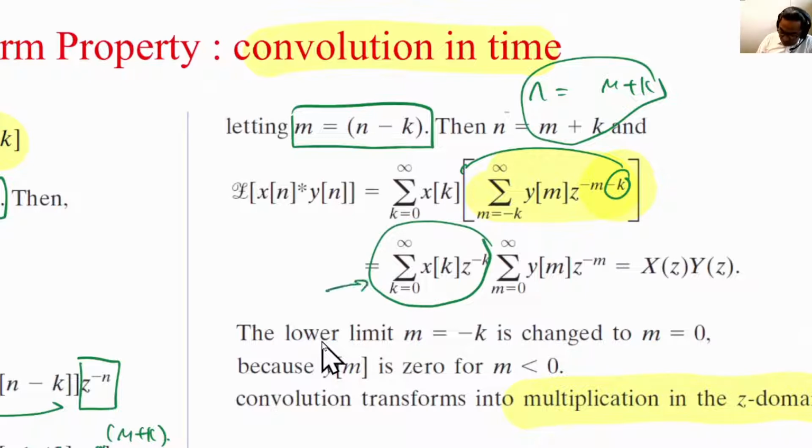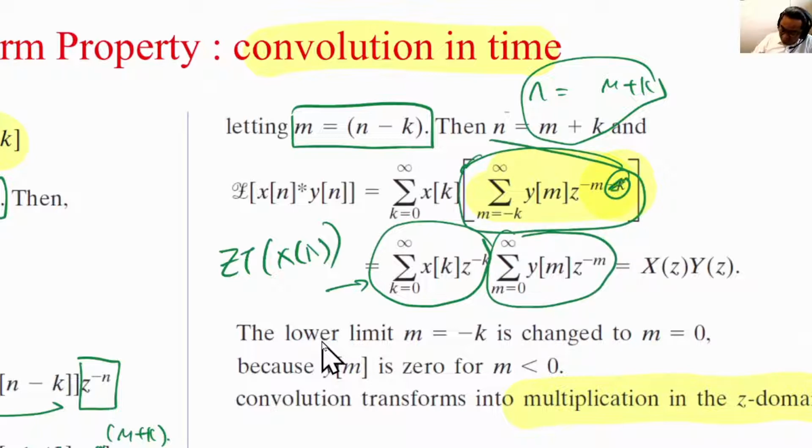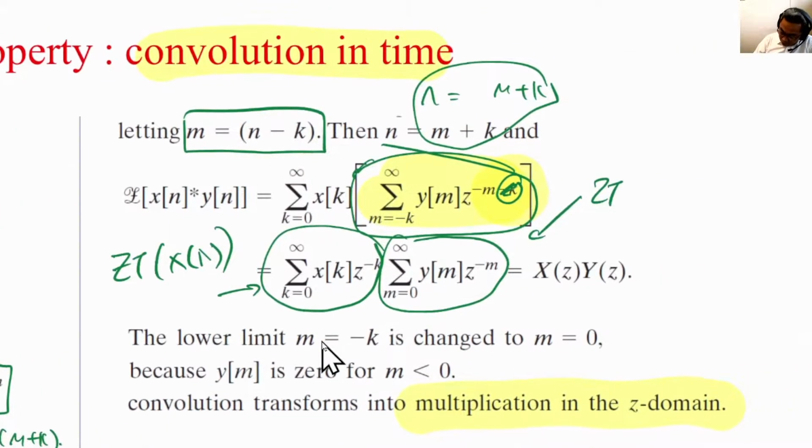So this is exactly the Z-transform of x[n]. What about the other part? Because we have moved the z to the minus k out, this looks like the Z-transform of y[n]. You might be wondering about the index that starts from m equals minus k.